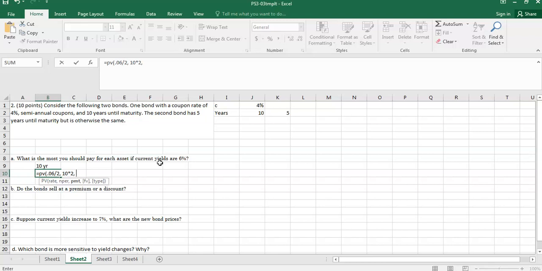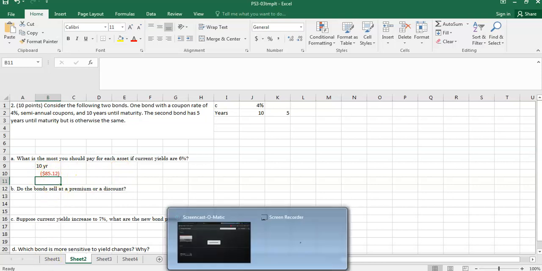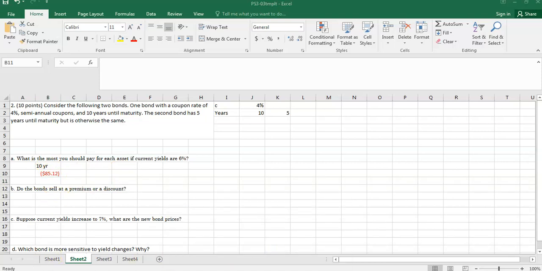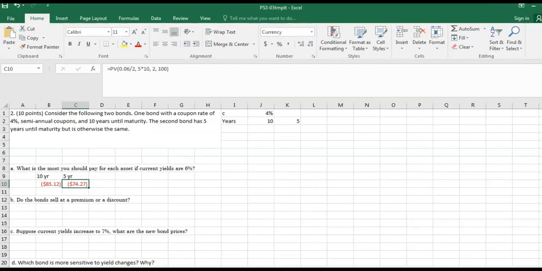So there's 4 divided by 2, semi-annual. So my coupon payment here is 2%. My future value is my $100 at maturity, or per $100 of face value. Solve the problem there, we get a bond price of $85.12. Notice that it's negative, reflecting that this is a cash outflow.